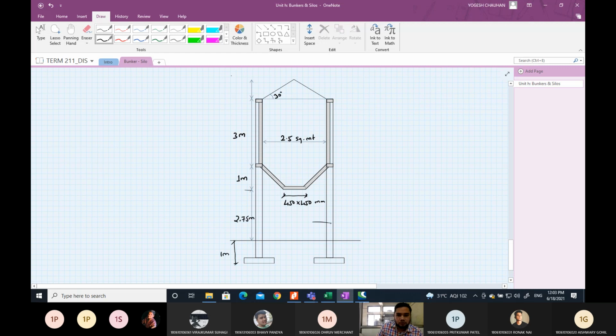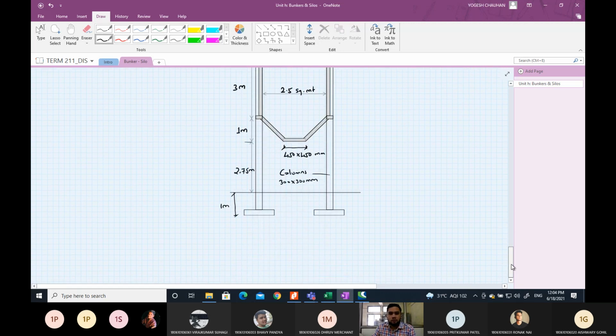The size of the columns is 300 by 300. Okay. So let us solve this.